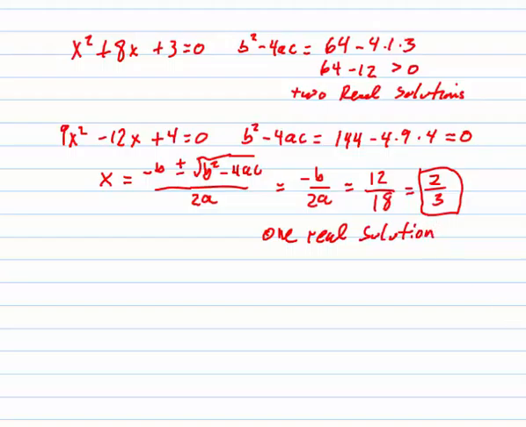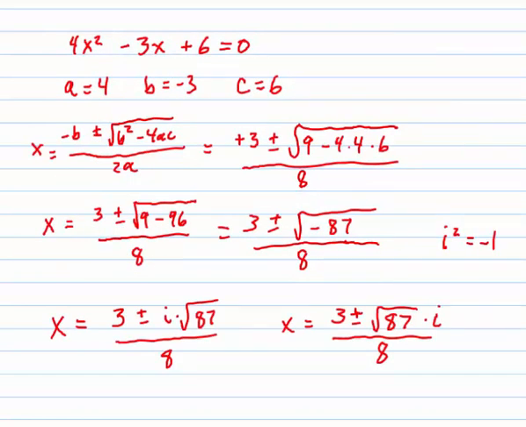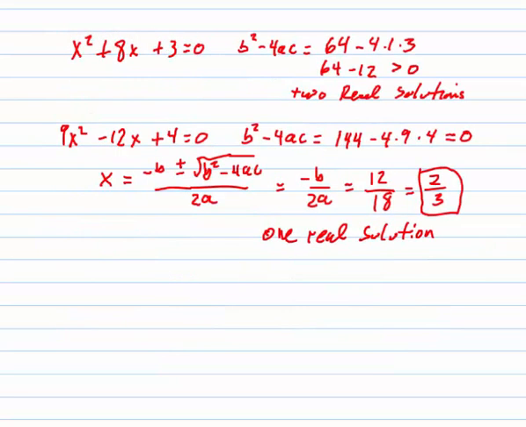And if we go back 2 slides to this one here, if we look at our discriminant, that one was 4x squared minus 3x plus 6 equal to 0. So this is example a, b, and c.